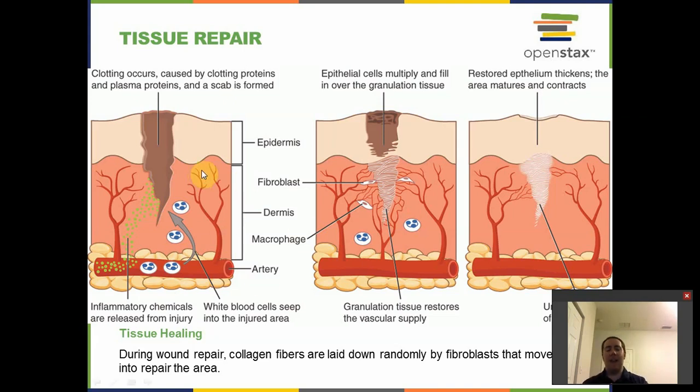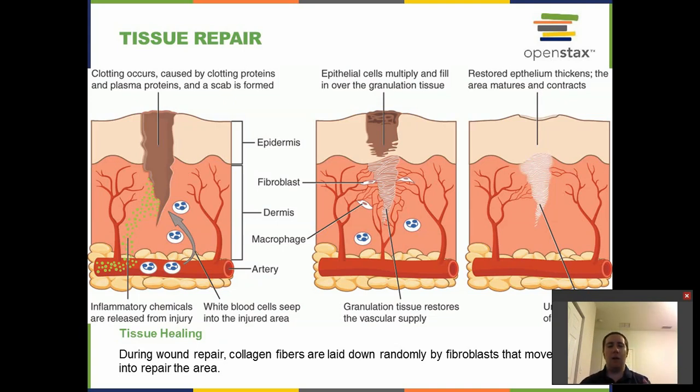And then as we have that clot and scab, it's like a plug. It is plugging the hole and providing kind of a scaffold there. And so now the other cells around that cut can divide, multiply, and then kind of move into where the cut is, where the clot is, where the scab is, and continue to grow.